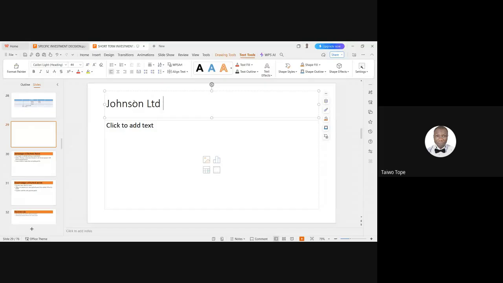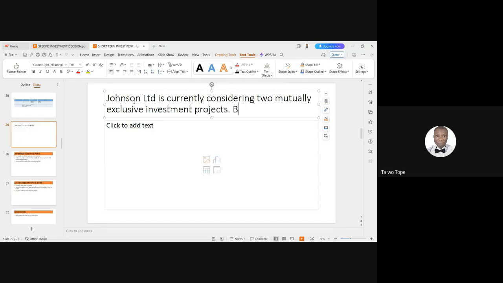Johnson Limited is currently considering two mutually exclusive investment projects.